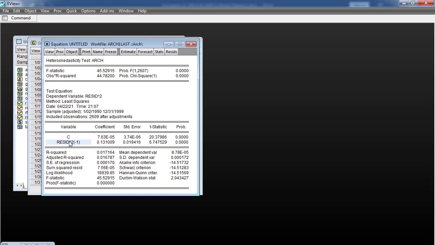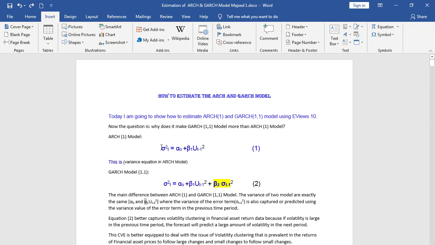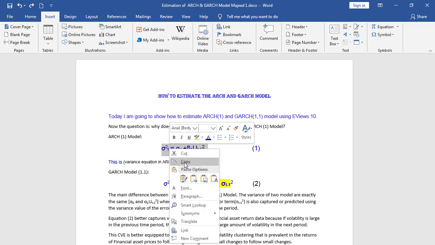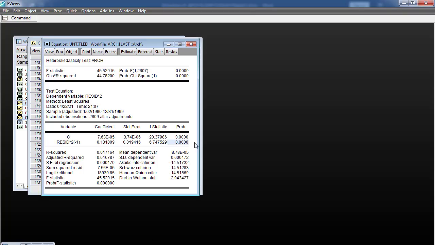The p-value of residual square lag 1 is positive and statistically significant, which means that there is significant volatility clustering in the residual. So the equation we have, as we mentioned earlier, this is the first equation, this is for ARCH, and this represents alpha in the model.